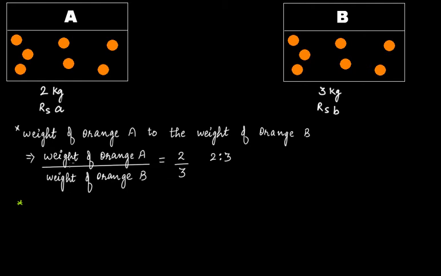So if I have to write the ratio of the prices of these shops, it will be price of orange at shop A to the price of orange at shop B. I'm writing in a very short way.